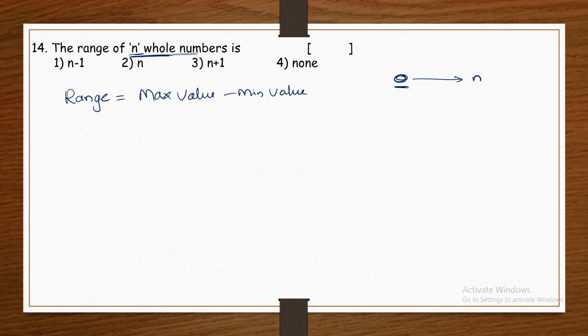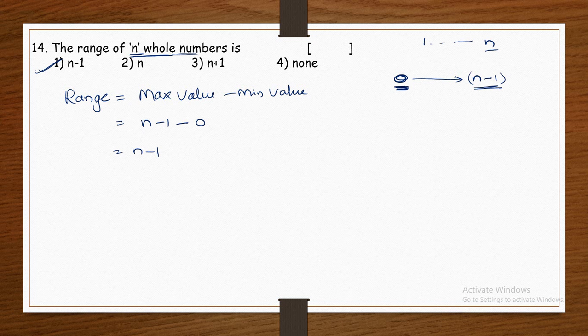So nth whole number will be n minus 1, because if counting starts from 1, then the nth number will be n, but here the counting started from 0, hence the nth whole number will be n minus 1. Then what is the maximum value? Maximum value is n minus 1, minus minimum value 0, hence the answer is n minus 1. So the answer is n minus 1.